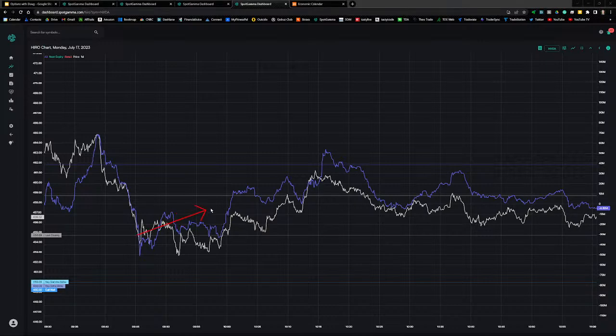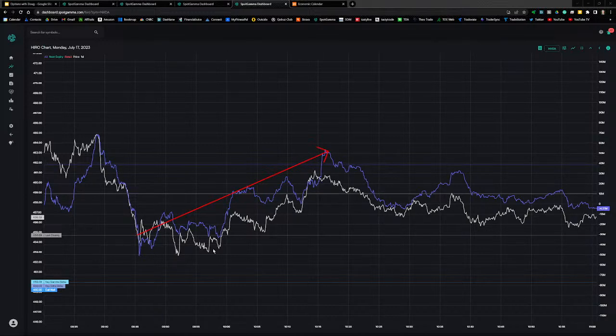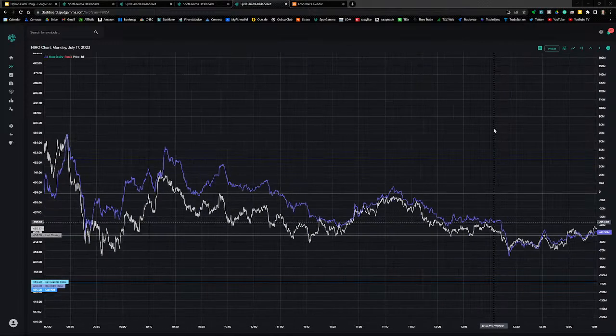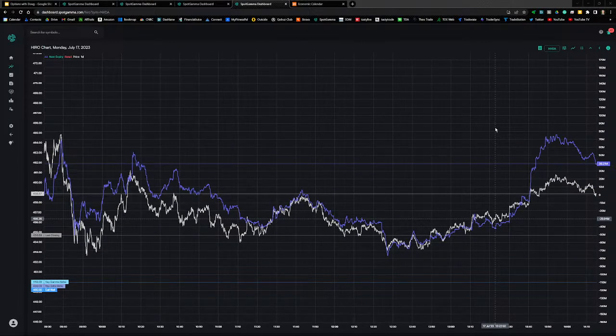So note Hero starts to rise, price continues a few minutes later, or starts moving higher a few minutes later. Not as easy to read as some of the other setups. We'll zoom out. So overall, though, there's a very strong correlation between options trades, hedging flow, and price action in NVIDIA.